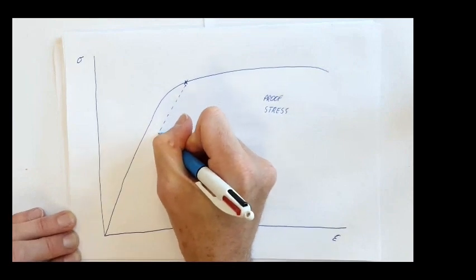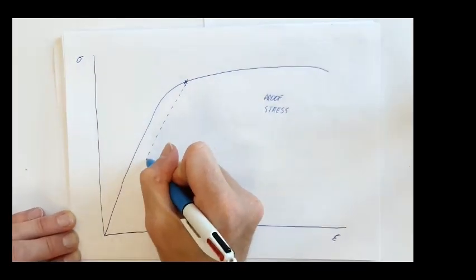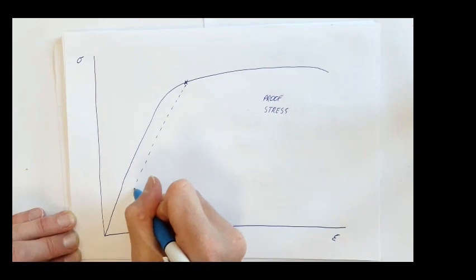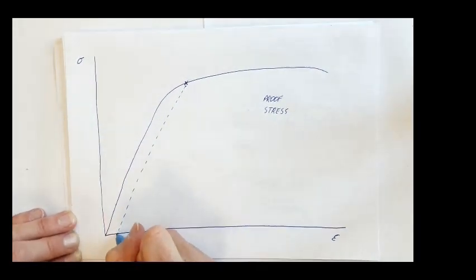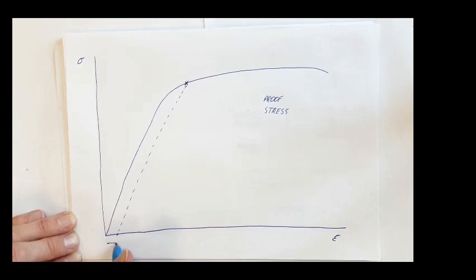This line would be parallel to that original line. And we get to this point down here where we're seeing zero stress, but we are still seeing some permanent deformation.